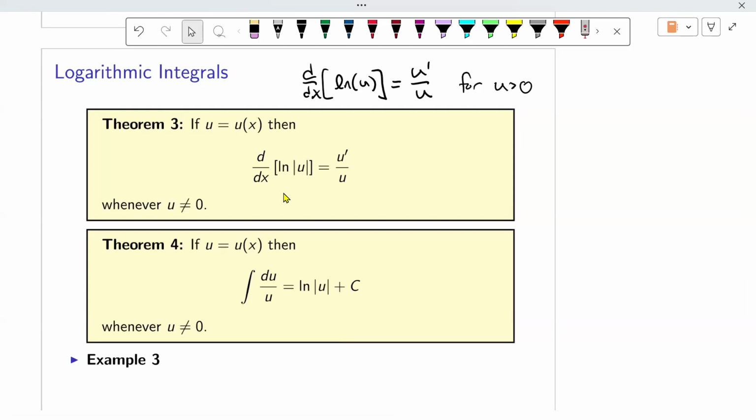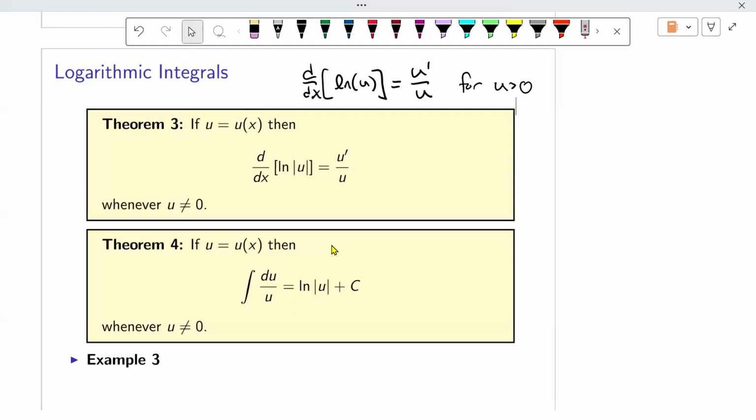And unbelievably, this is incredible, but the derivative of natural log of the absolute value of u gives you the exact same answer. It's weird to see why. I used to try to explain this to people, and then I realized that when I tried to explain it, I just made things worse.